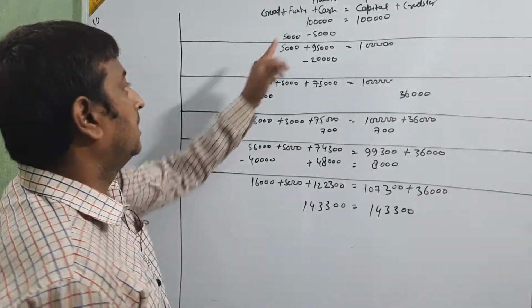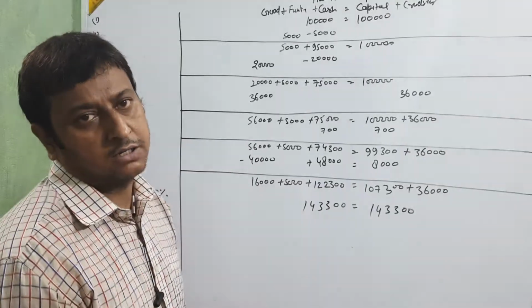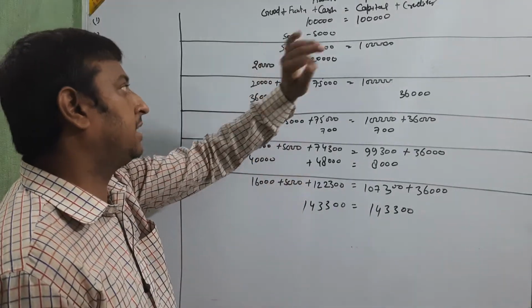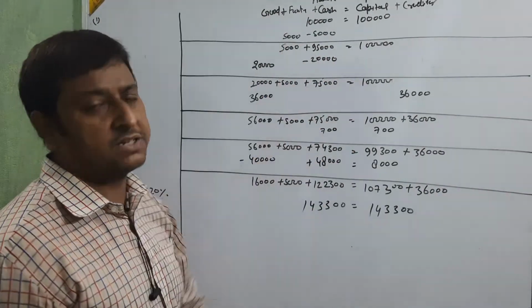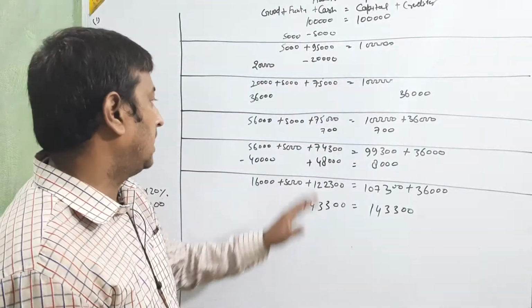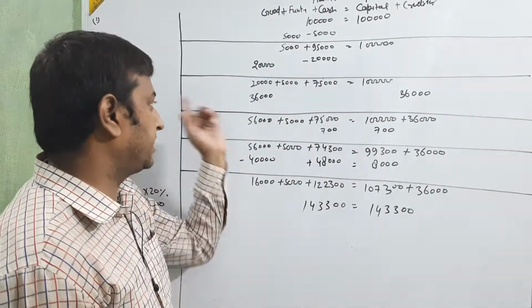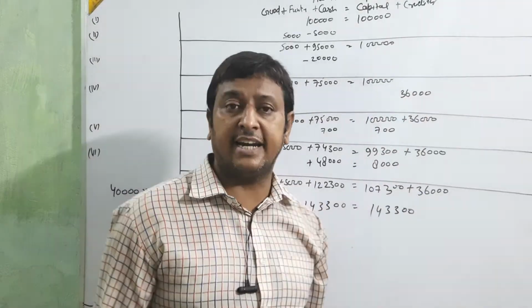Cash and capital, then you are purchasing furniture, then the new head is furniture, less from cash. Again you purchase goods in cash, less from cash, new head is goods.